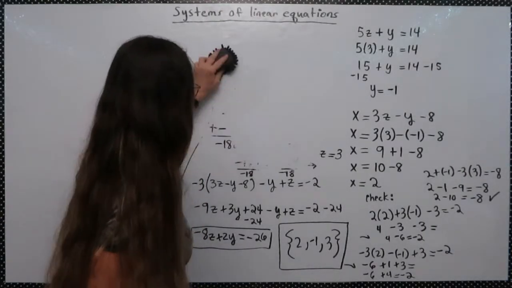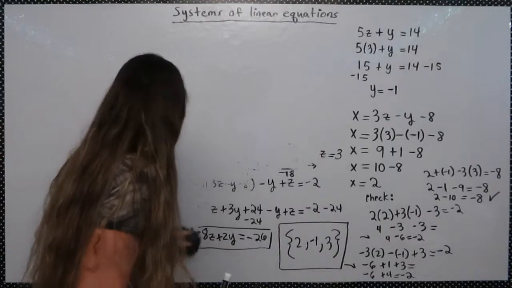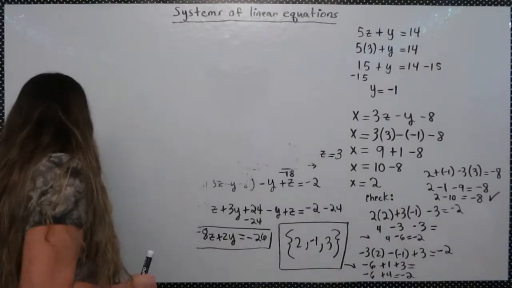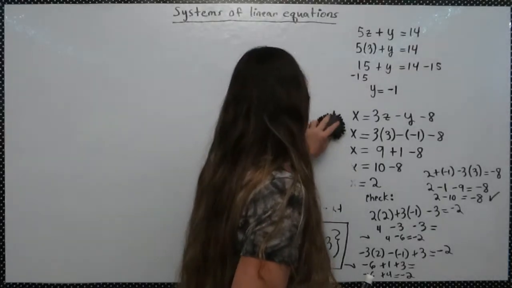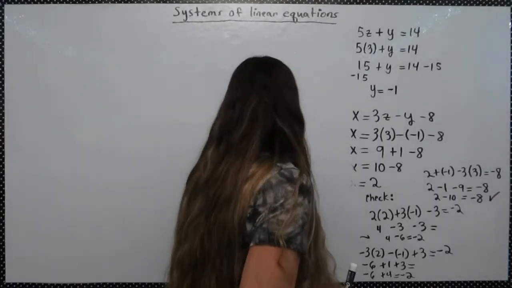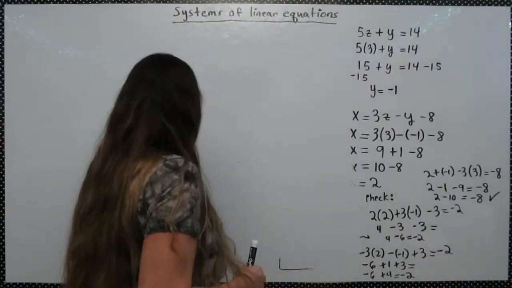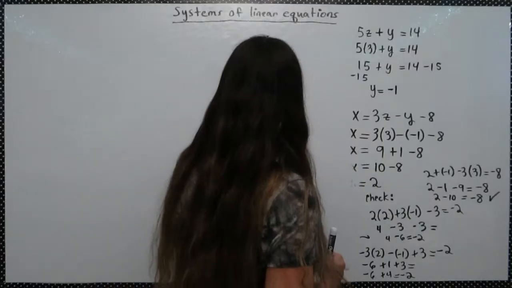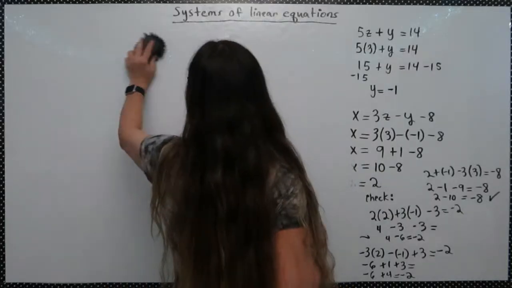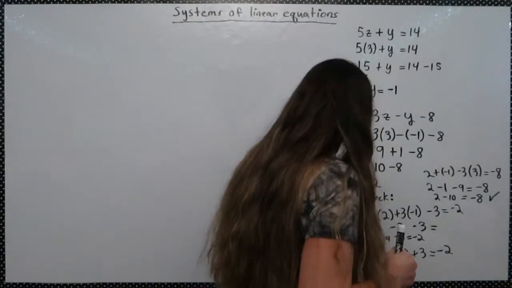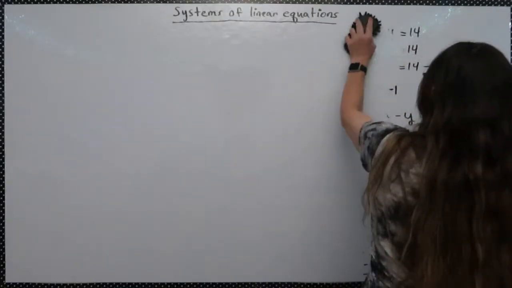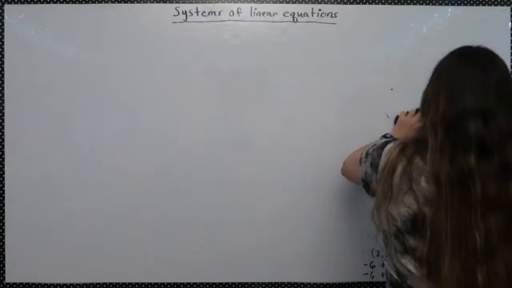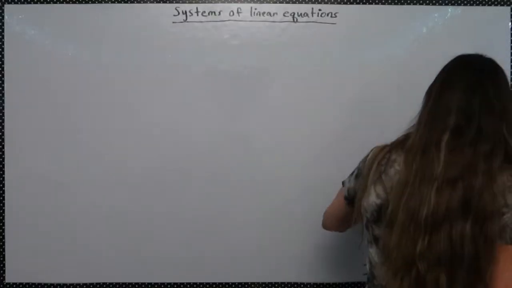It's systems of linear equations in three variables. They're not exactly the easiest systems to solve, but they are doable. A lot of times it involves employing a method of both substitution and elimination, and also scalar multiplication.